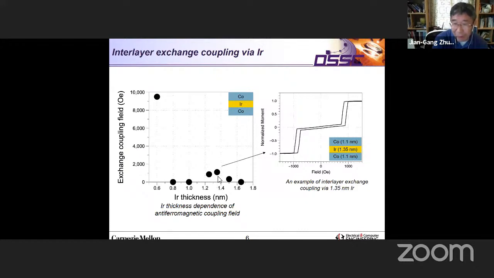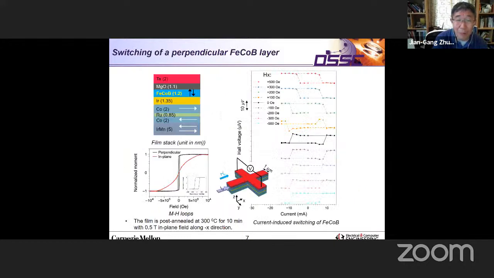So that's the film study. Then we built a Hall cross, where you measure the Hall voltage to measure the magnetic switching. The perpendicular layer here is iron cobalt boron.